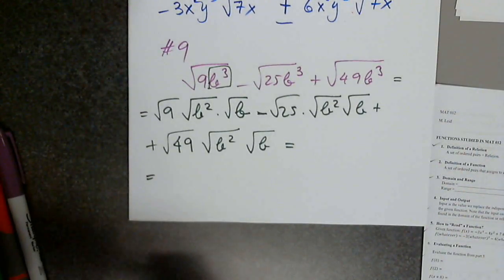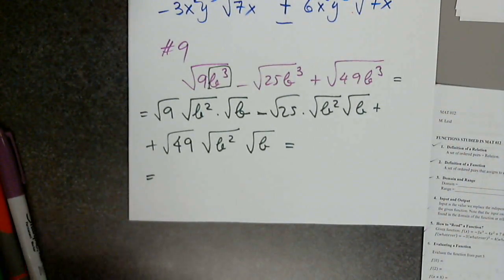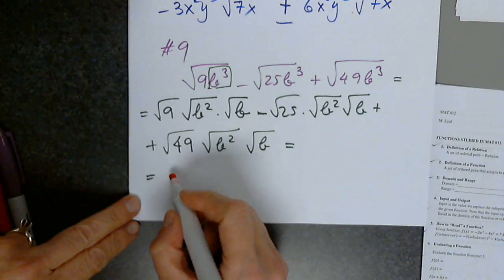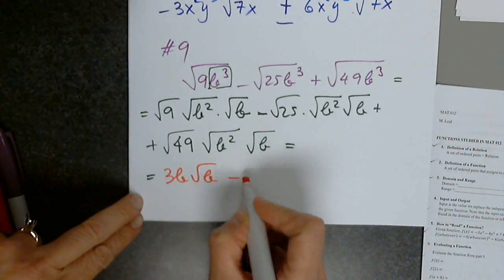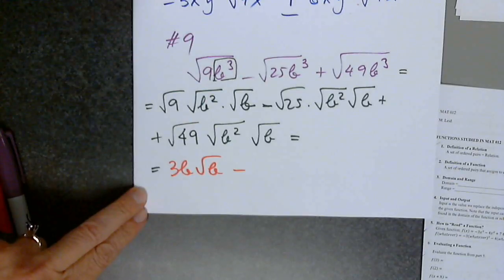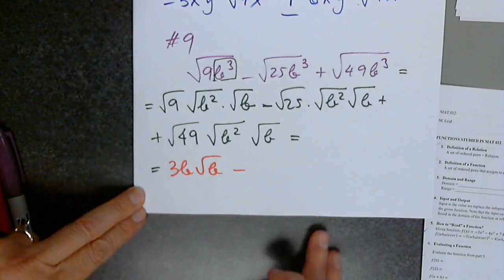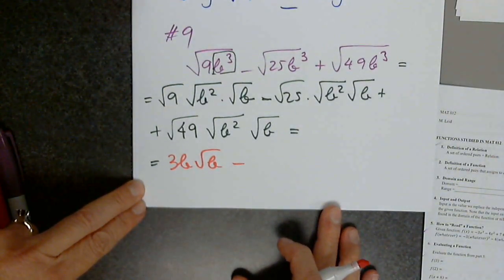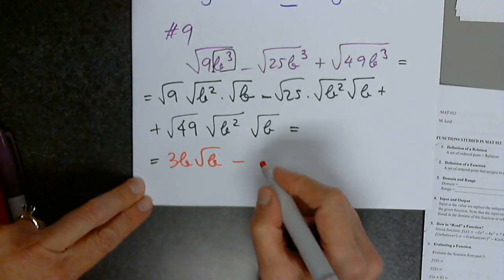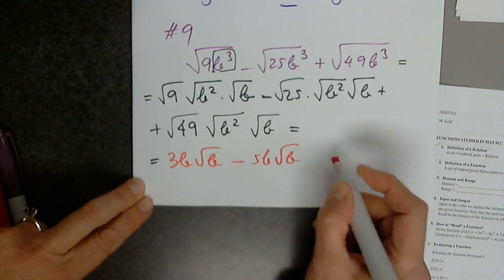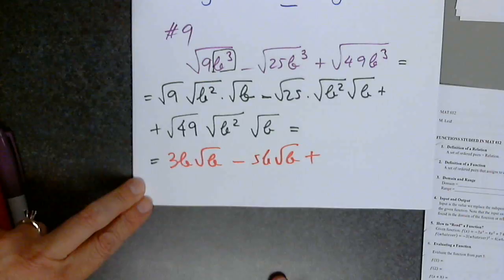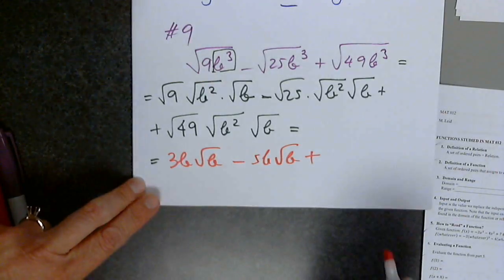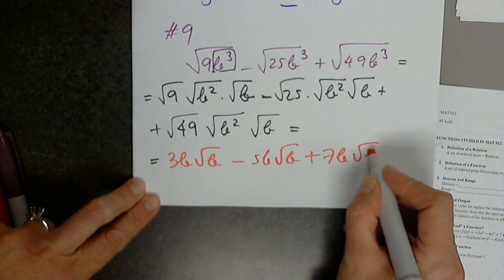So, can anyone give us the fully simplified form of the first radical? Can anyone give us the fully simplified form of the second radical? Perfect, thank you. 5b square root of b. Excellent. And the last one? 7b square root of b.